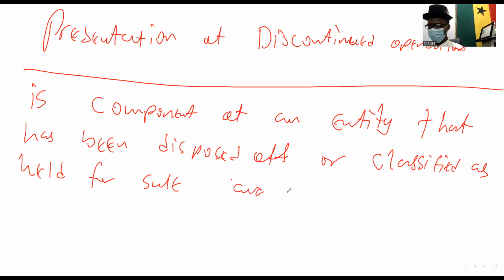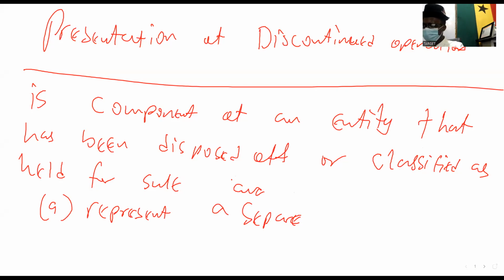It represents a separate line of business, or a geographical area of operation.